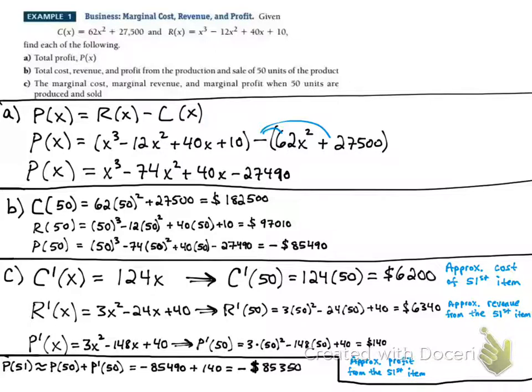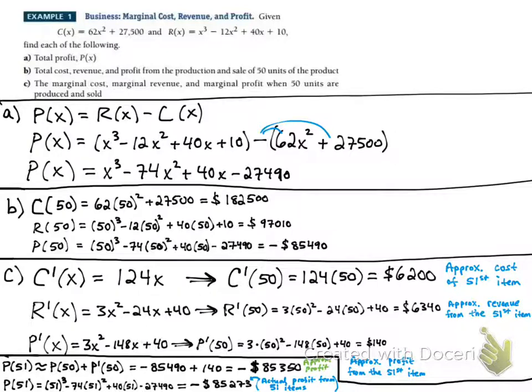Since in this case we do have the actual profit function, we could calculate the actual profit from selling a total of 51 items. To find the actual number, we just take 51 and plug it into our profit function. And so we get negative 85,273. So that's the real, or actual, profit from selling 51 items, and this number was the one we approximated using the marginal.